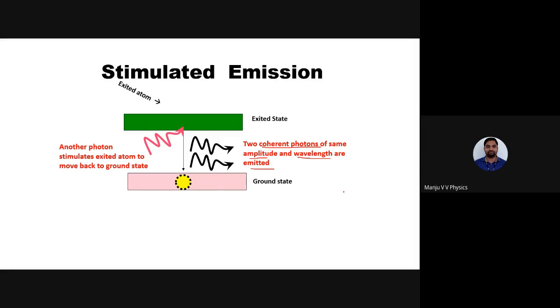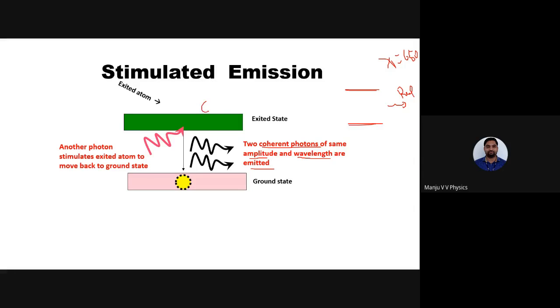Again, you might ask me, sir, suppose this is the excited state, this is the ground state. Suppose I need a red laser, I should make the wavelength 650, right? How do you make this 650? It depends on the energy gap. This is the excited state, ground state.